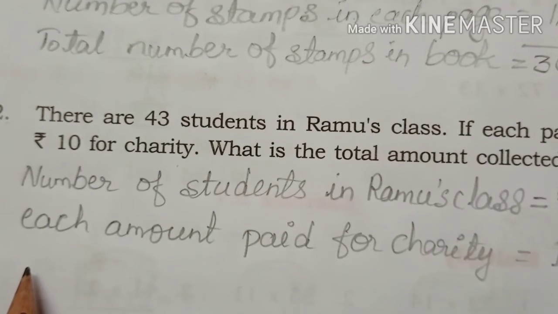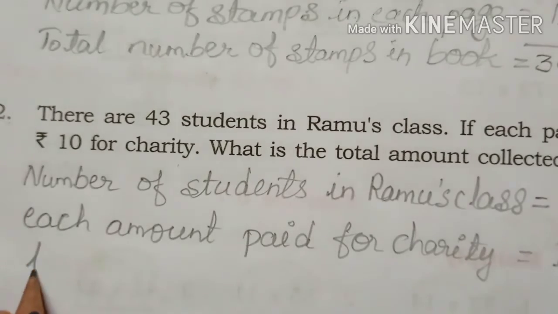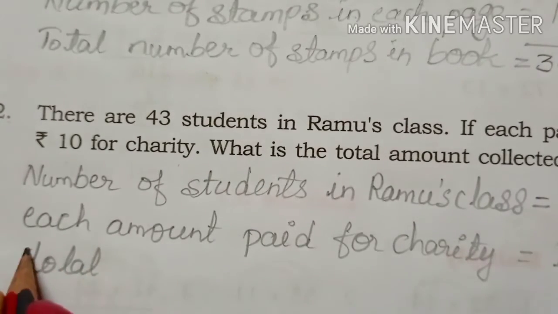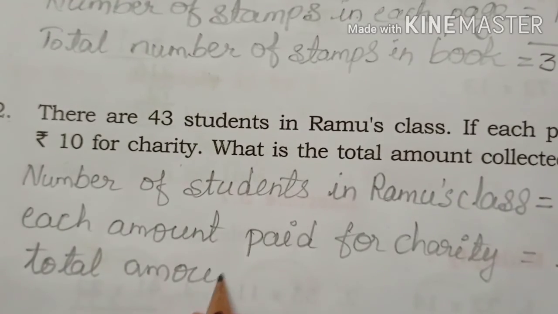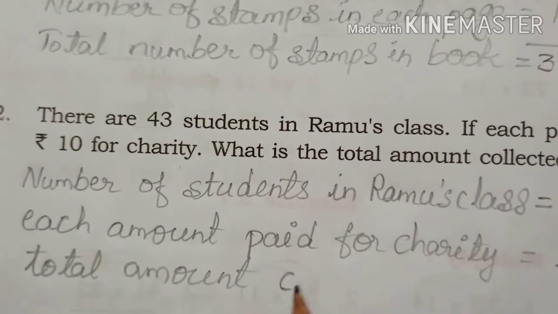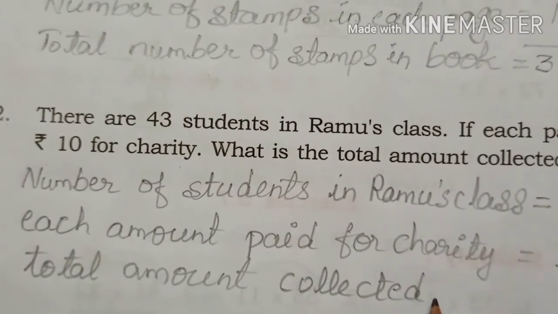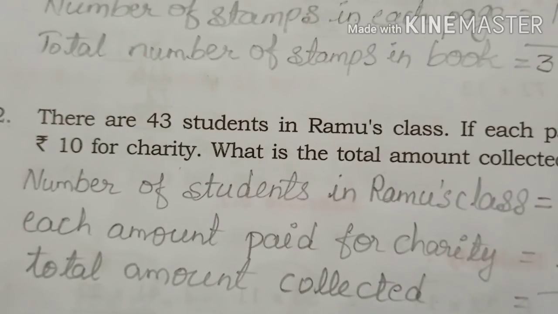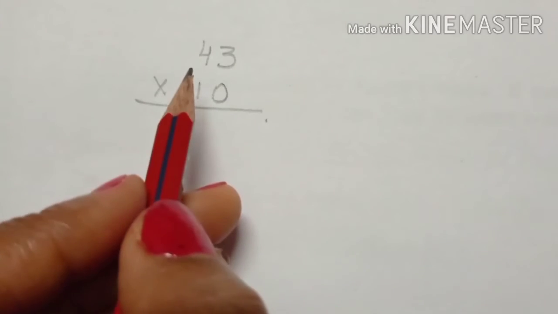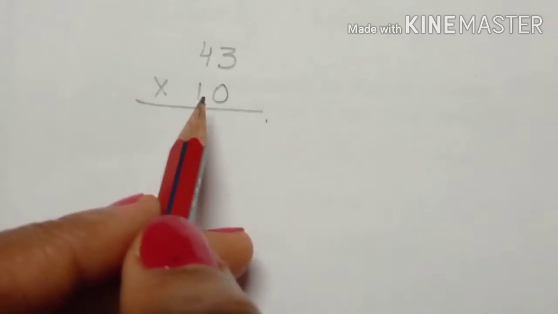So we total amount collected. Let us we find out. So children, make multiply 43 multiply by 10.